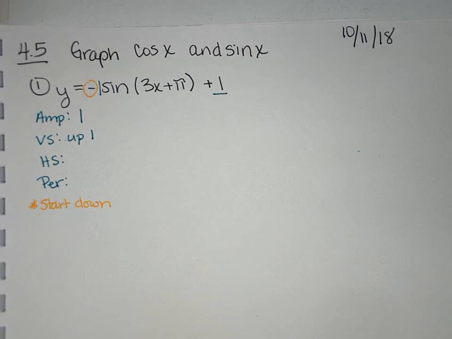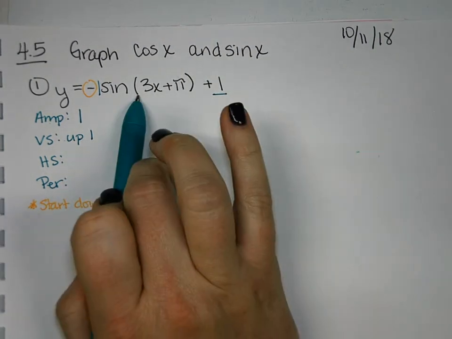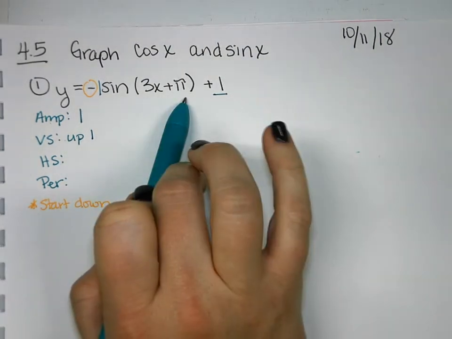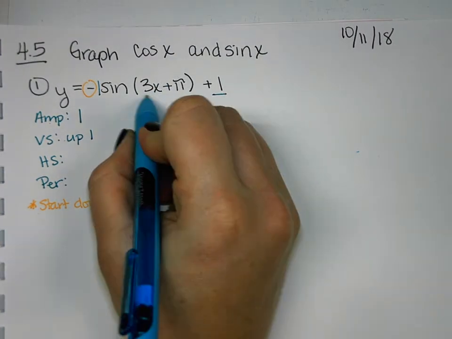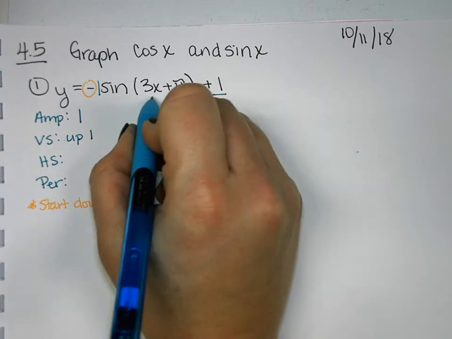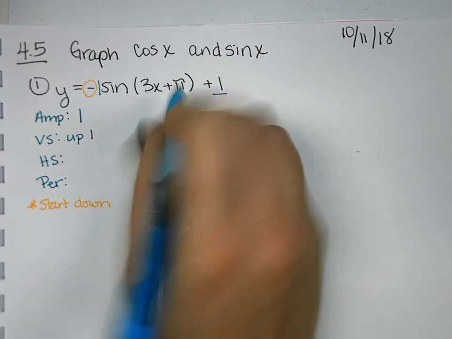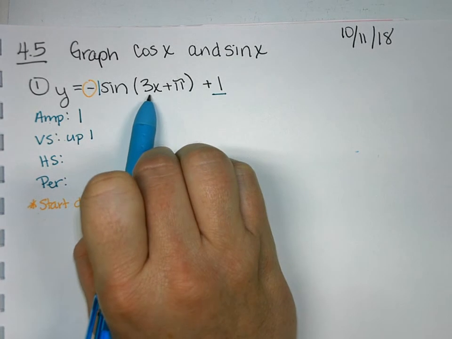Now the horizontal shift. The problem right now with our horizontal shift is that it's not in the right form. For our horizontal shift, this needs to be x plus or minus something. This 3 here is throwing it off.